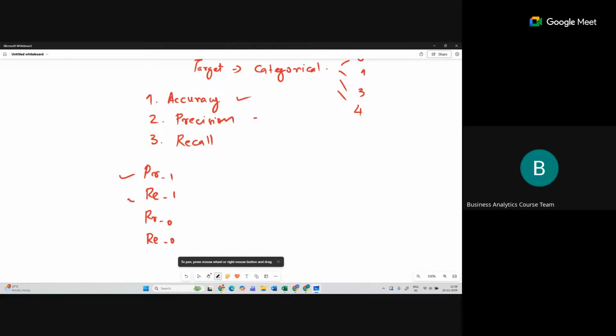So they are different. What is the formula? True positive by true positive plus false positive. What is this? True positive by true positive plus false negative. What is this? True negative by true negative plus false negative. True negative by true negative plus false positive.